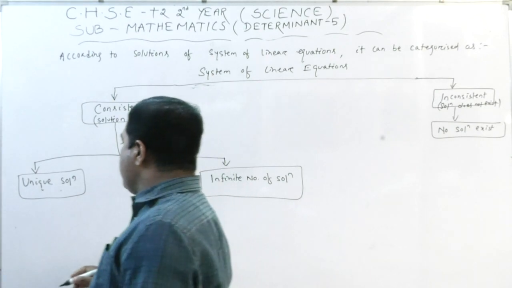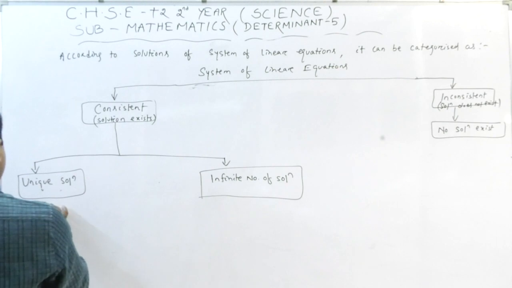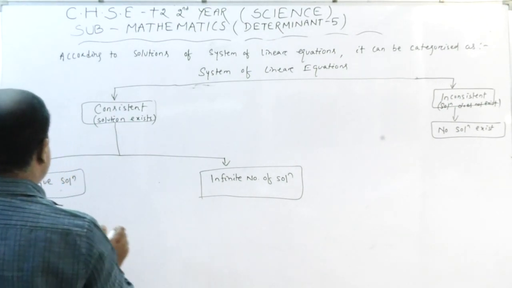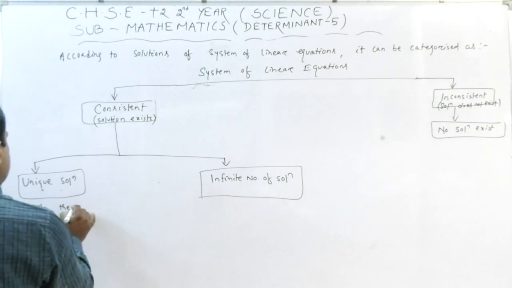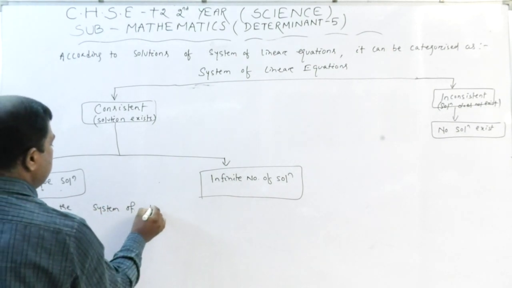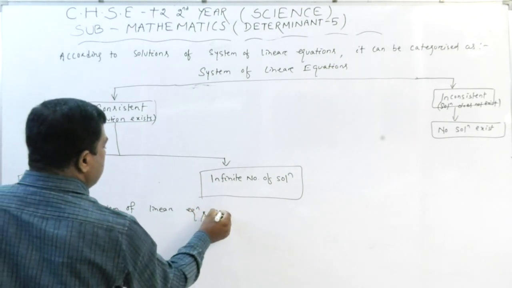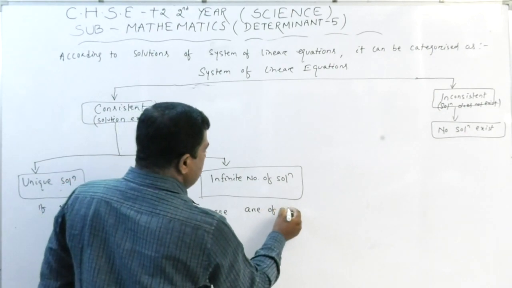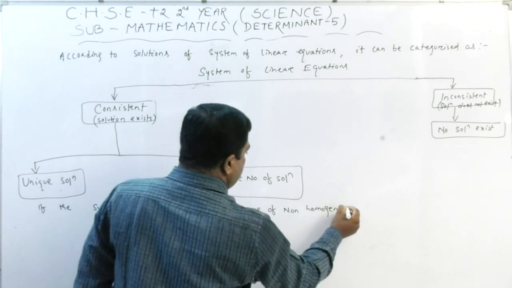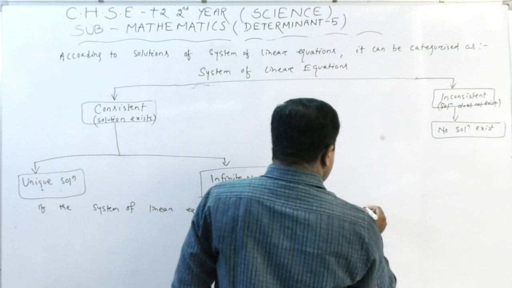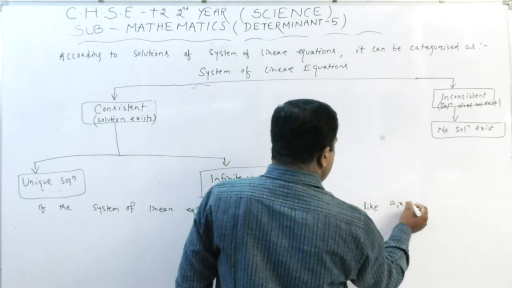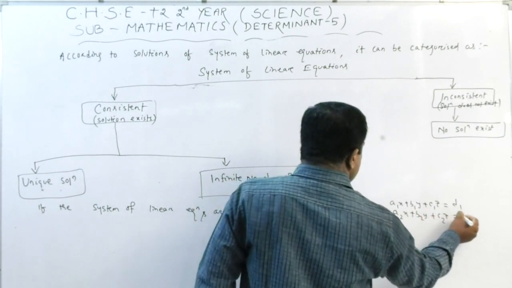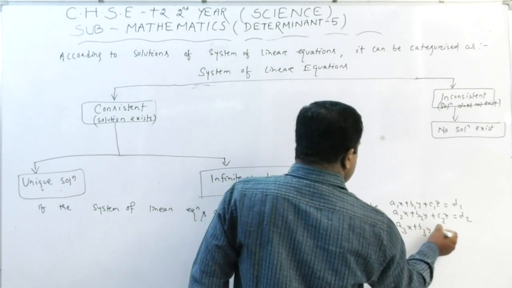With this concept we can start. Suppose the system of linear equations with three variables is of non-homogeneous category, like a1x plus b1y plus c1z equals d1, a2x plus b2y plus c2z equals d2, a3x plus b3y plus c3z equals d3.